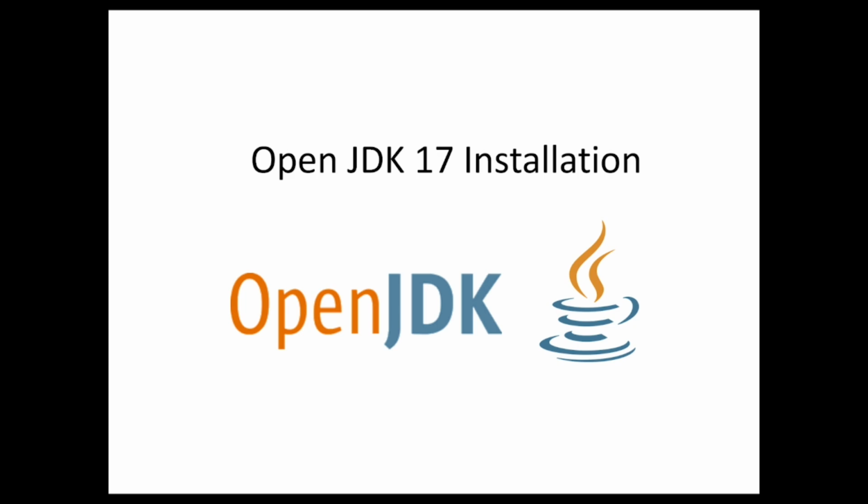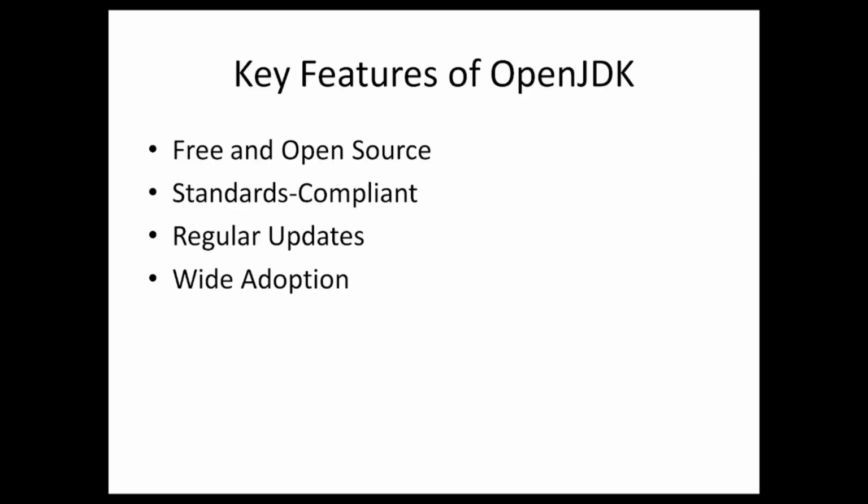Now let's go with the key features of OpenJDK. There are four features I have written as points. Let's start with the free and open source point. It's licensed under GPL v2, the General Public License version 2.